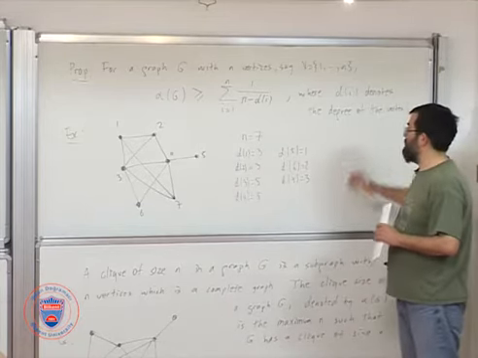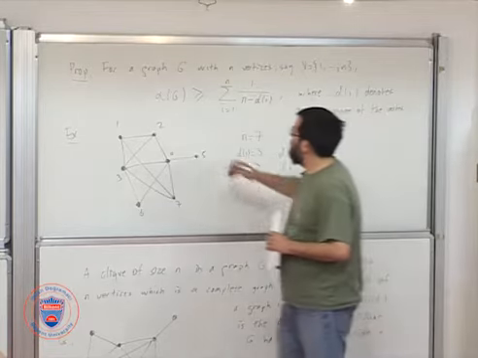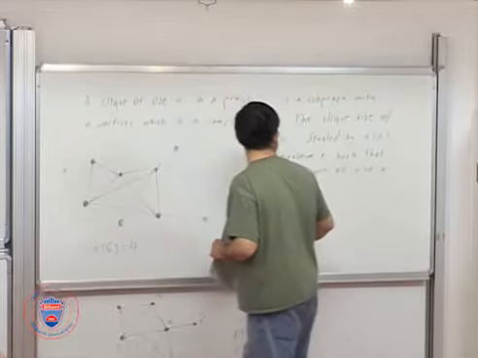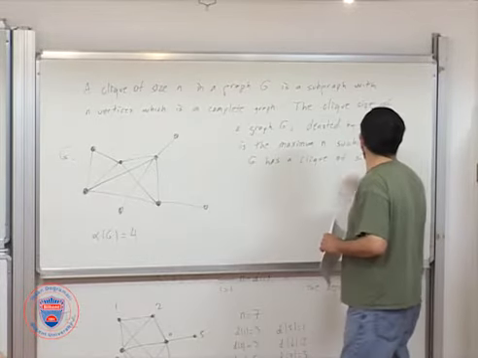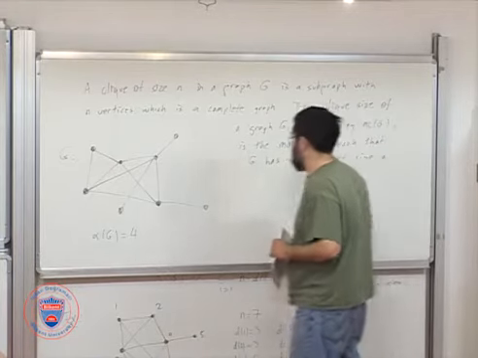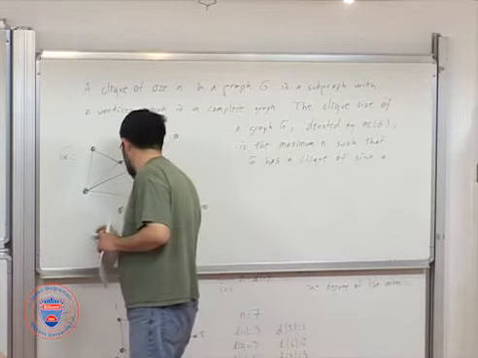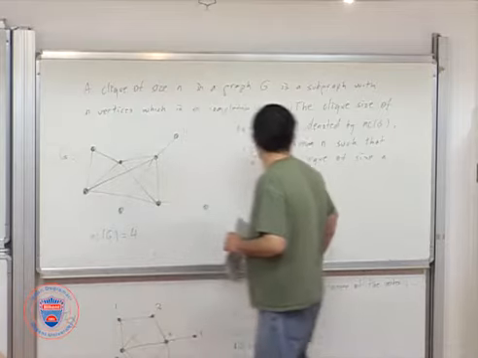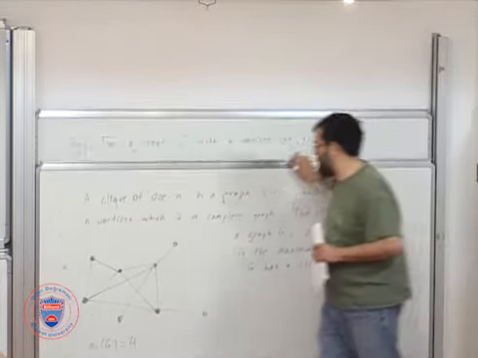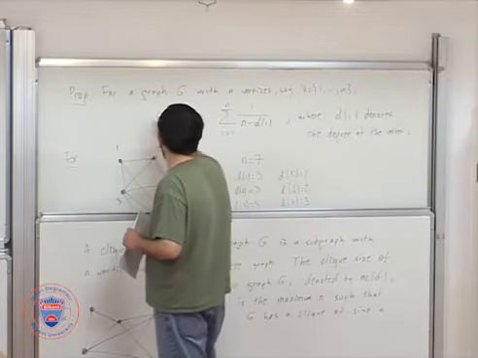So what you get is, maybe I should use a different notation. Let's call this MC, maximum clique size. Just to remind us.